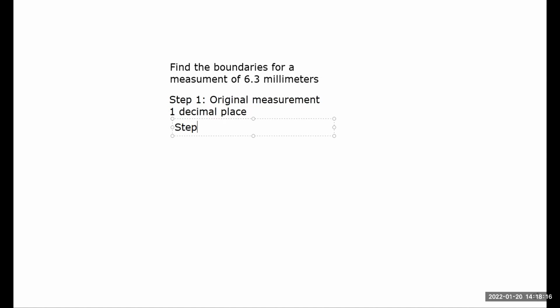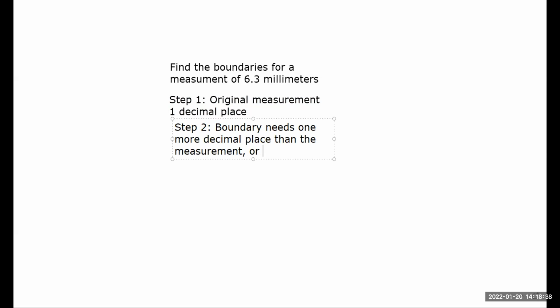So step 2 is the boundary needs one more decimal place than the measurement. So that would be 2 decimal places.